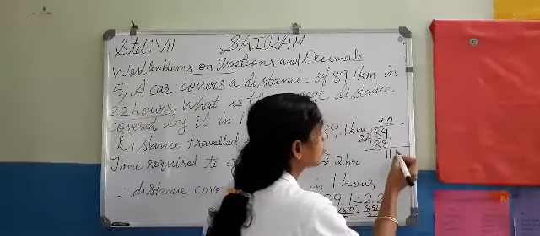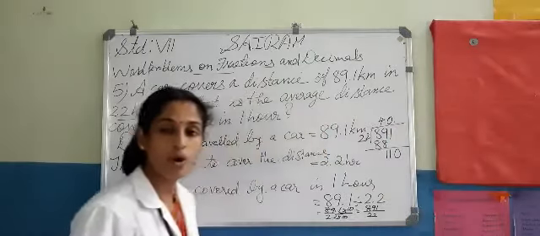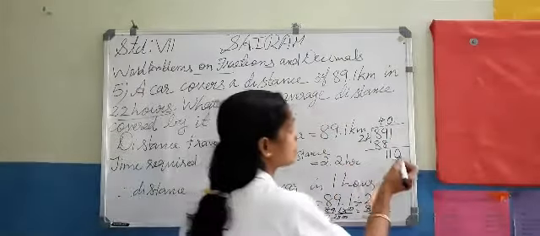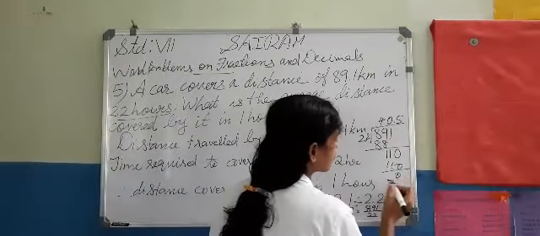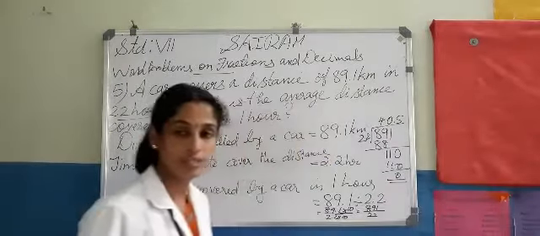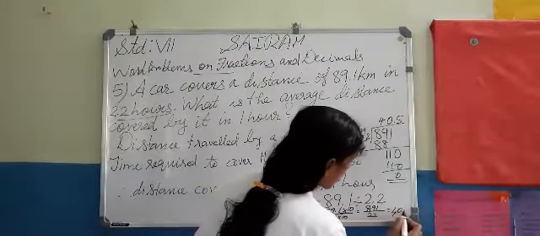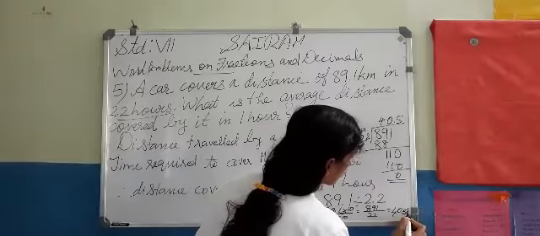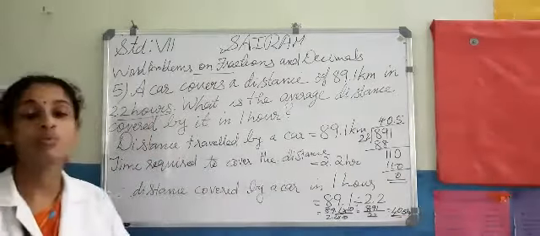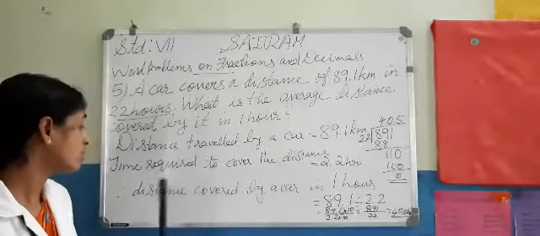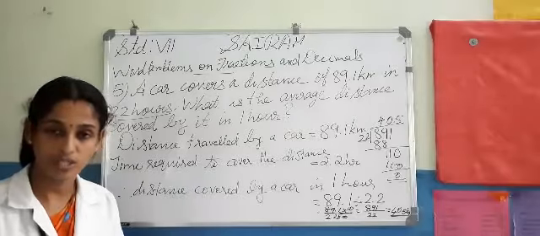Here also point 0. Then after doing, in 110, 5 times. That is 40.5 kilometer. The car covered the distance 40.5 kilometer.